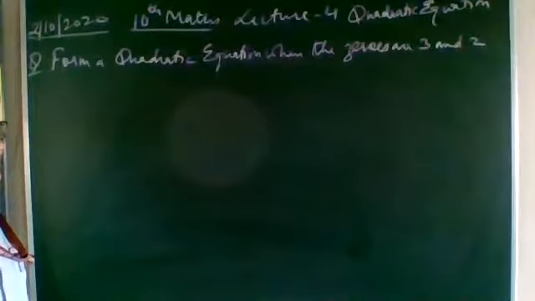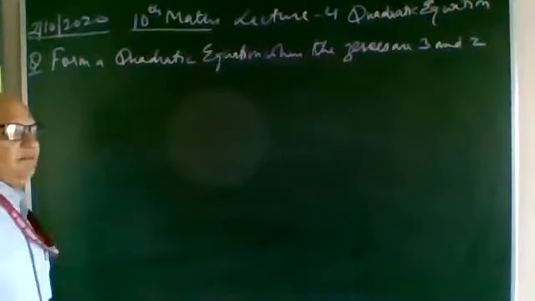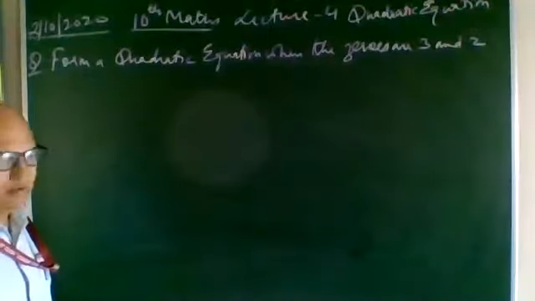In that case, we have studied there are two methods to find a quadratic polynomial. And what are they? First was using the standard form, and second I explained that it can be formed by the formula: x square minus sum of the zeros times x plus product of the zeros.